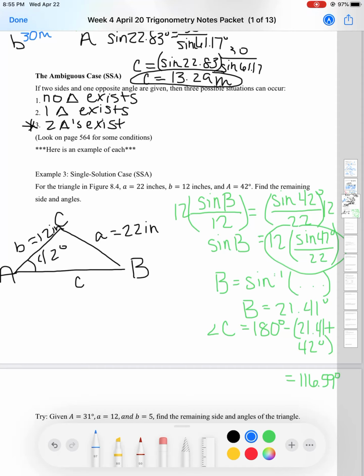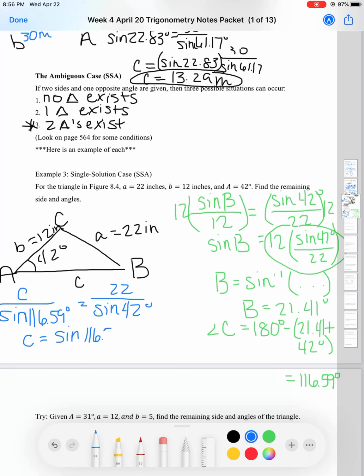So it makes sense that angle B would be smaller than angle C because side A was bigger than side B. So we should get that side C is the biggest out of all of the sides because angle C was the biggest out of all of the angles. So let's set up to get side C. So C over sine 116.59 degrees equals 22 over sine 42 degrees.